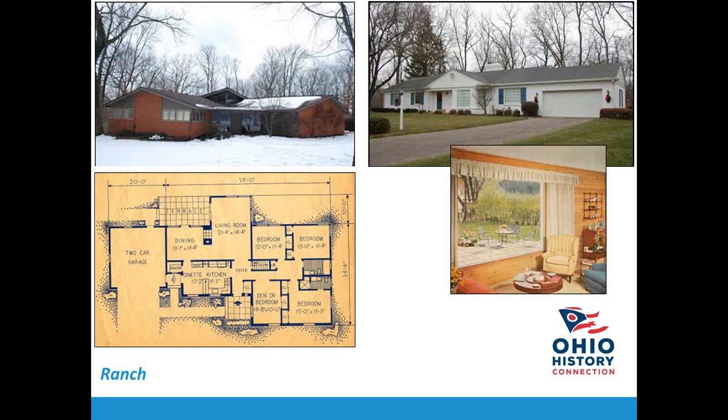Public space flows through the entrance back to the living room, dining room, out to the terrace, around to the kitchen, whereas one hallway takes you to the bedrooms and more private spaces.